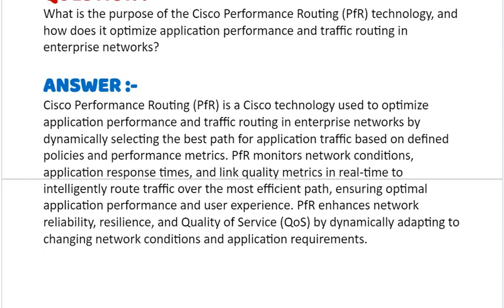PfR monitors network conditions, application response times, and link quality metrics in real time to intelligently route traffic over the most efficient path, ensuring optimal application performance and user experience. PfR enhances network reliability, resilience, and quality of service (QoS) by dynamically adapting to changing network conditions and application requirements.